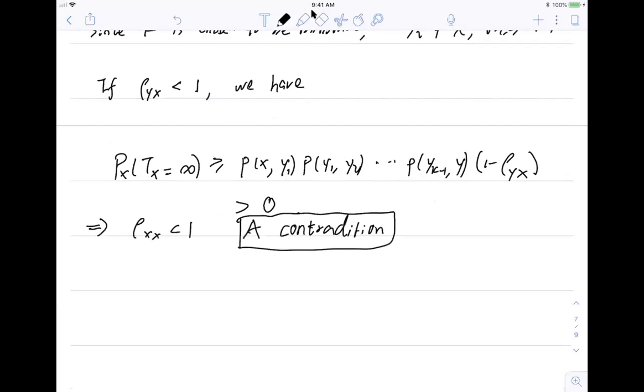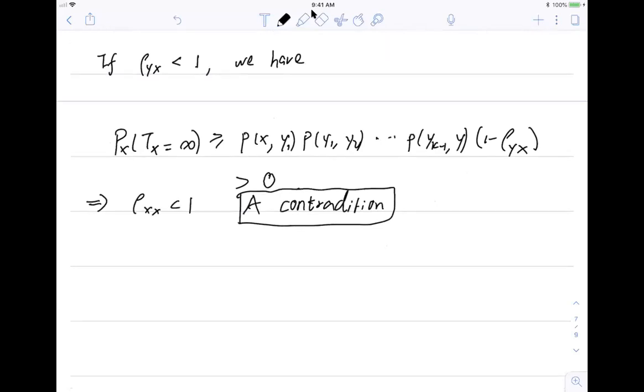Hence our assumption is not true. So from y, we can always reach x in finite time. Rho yx equals 1. So we prove this.